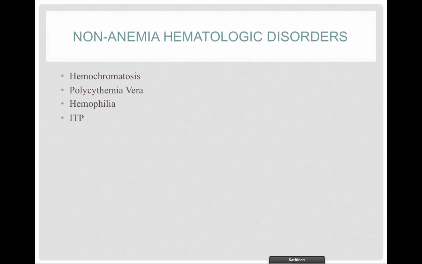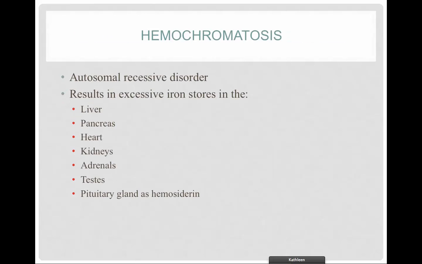Non-anemic hematologic disorders: hemochromatosis, polycythemia vera, hemophilia, and ITP, which is idiopathic thrombocytopenic purpura. Hemochromatosis is an autosomal recessive disorder. It results in excessive iron stores in the liver, pancreas, heart, kidneys, adrenals, testes, and pituitary gland.